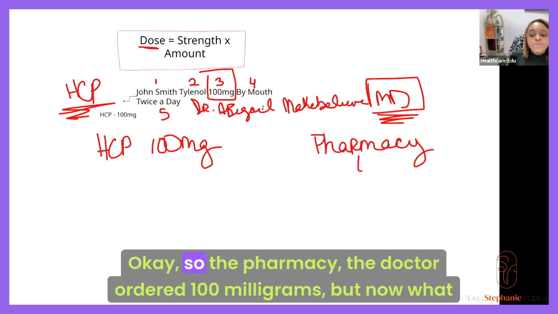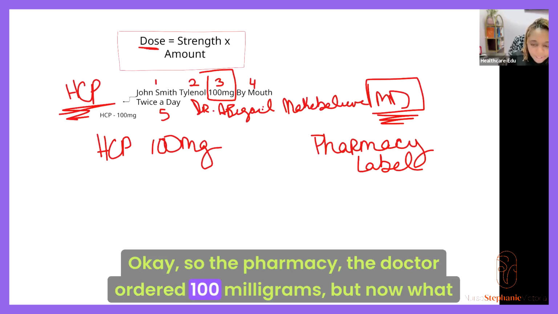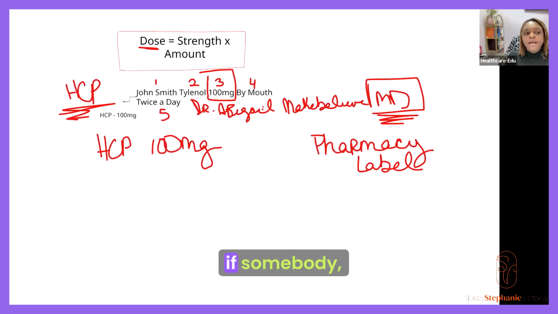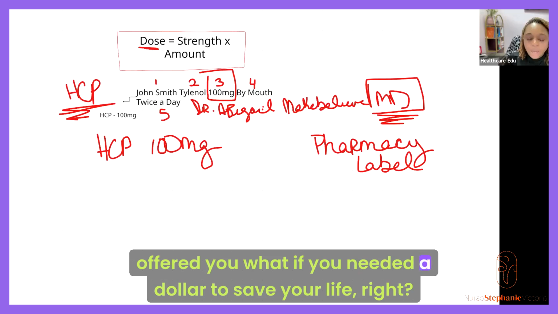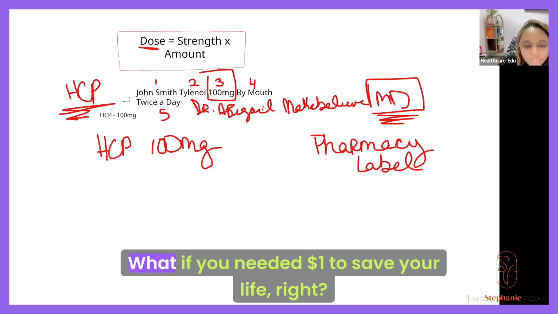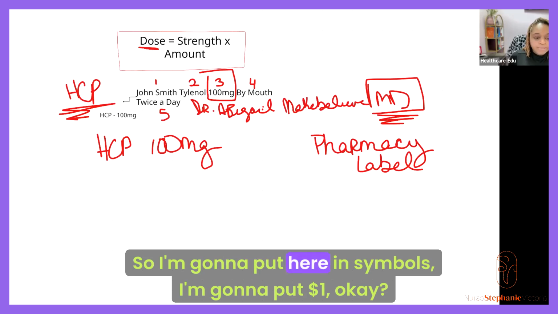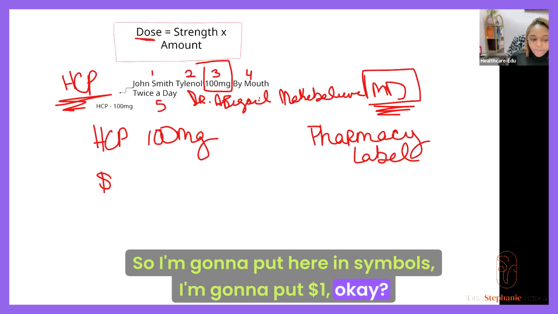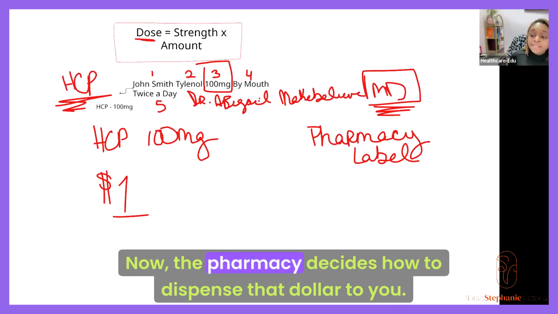Okay, so the doctor ordered 100 milligrams, but now what if you needed $1 to save your life, right? So I'm going to put here in symbols, $1, okay? Now, the pharmacy decides how to dispense that dollar to you.